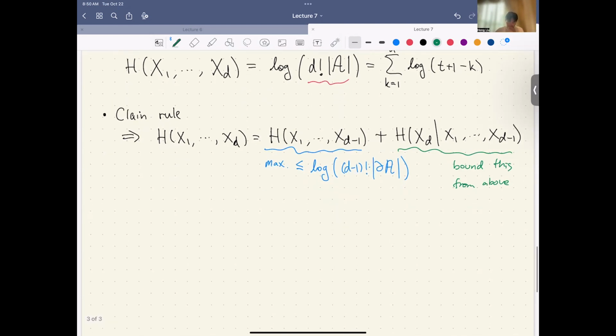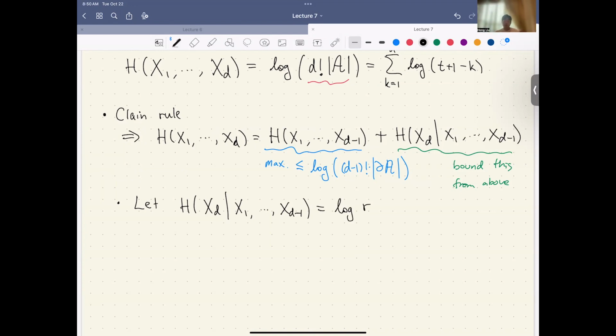Okay. So our claim is, let's define this guy. Let this conditional entropy of xd given x1 to xd minus 1 be, let's say, log r.